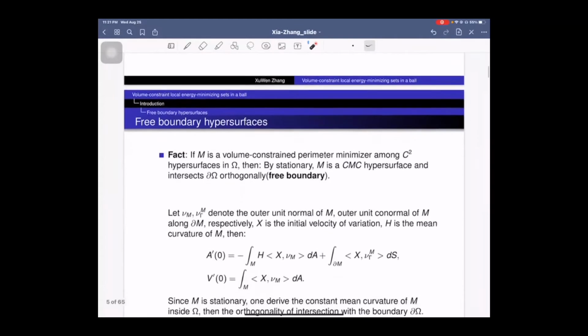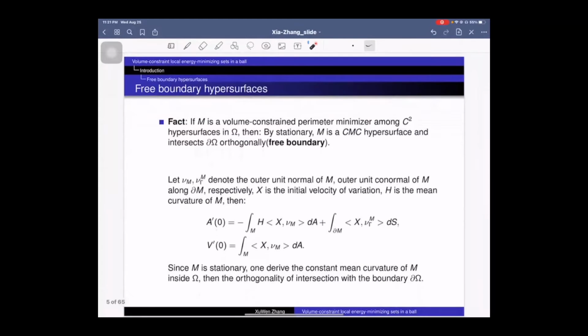Then we have the following fact. Bistationary, or we can say that if M is a critical point of such functional, the perimeter functional of psi t E in omega, then we have the geometric information that M is a CMC hypersurface and intersects partial omega orthogonally.